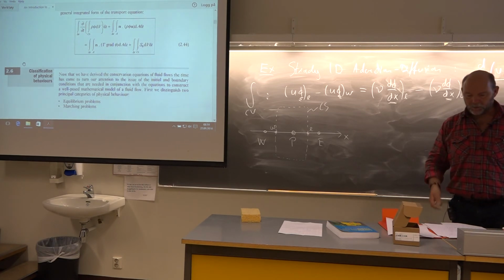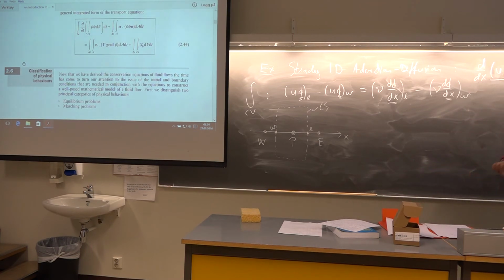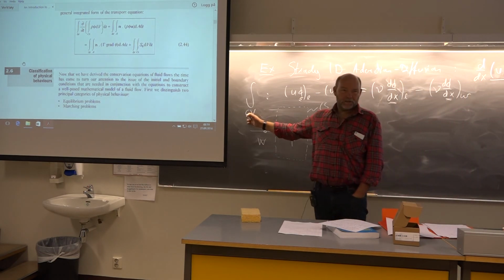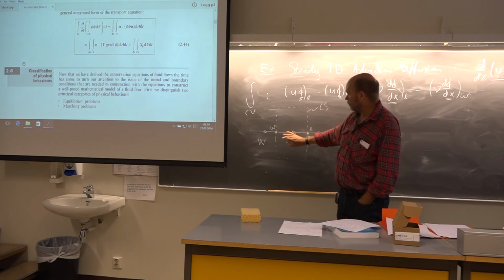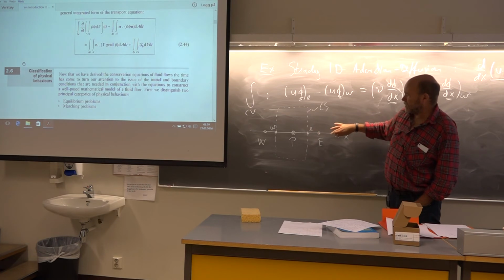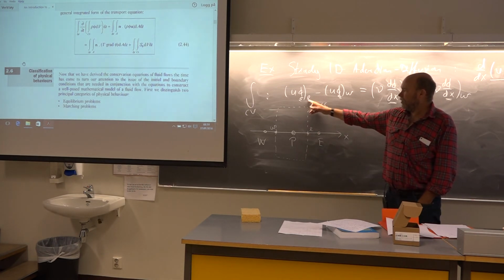Well, if we say something like the phi is constant inside my control volume. That's a very simple formulation. Phi is constant inside here, and then a different constant on the next volume. Well, what's the value on the boundary then?